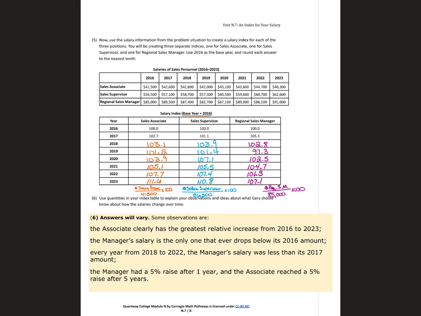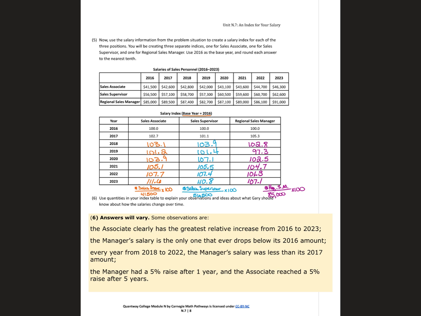The manager salary is the only one that ever drops below its 2016 amount, and that happens right there in 2019. It dropped below the value in 2016, which made its index less than 100.